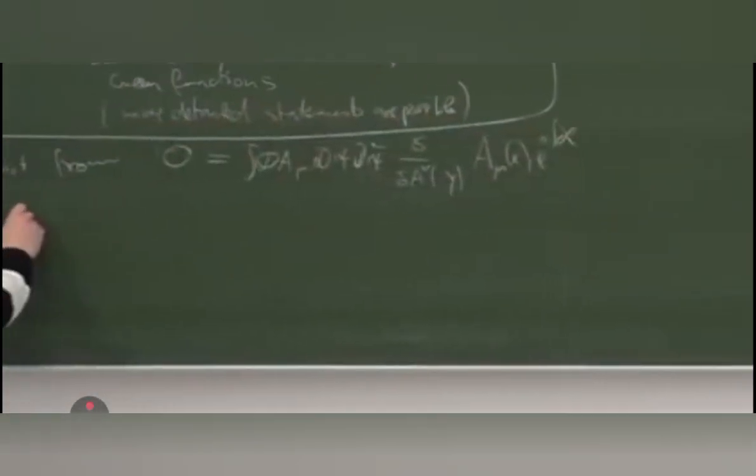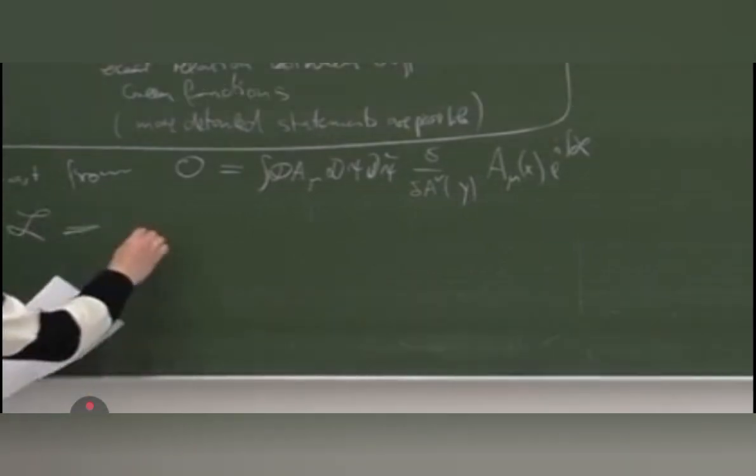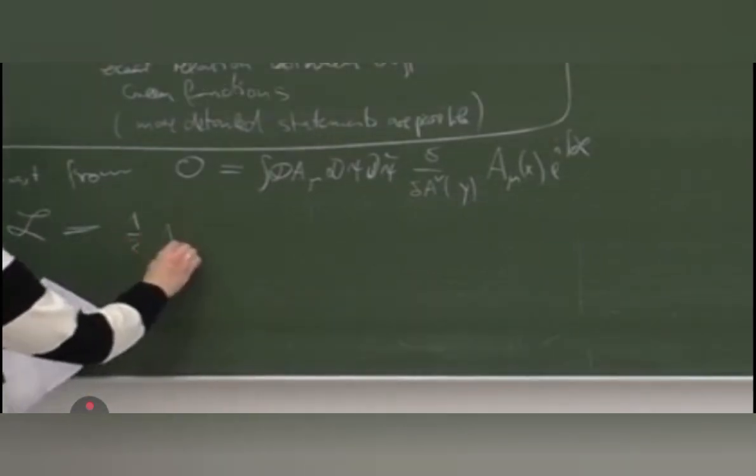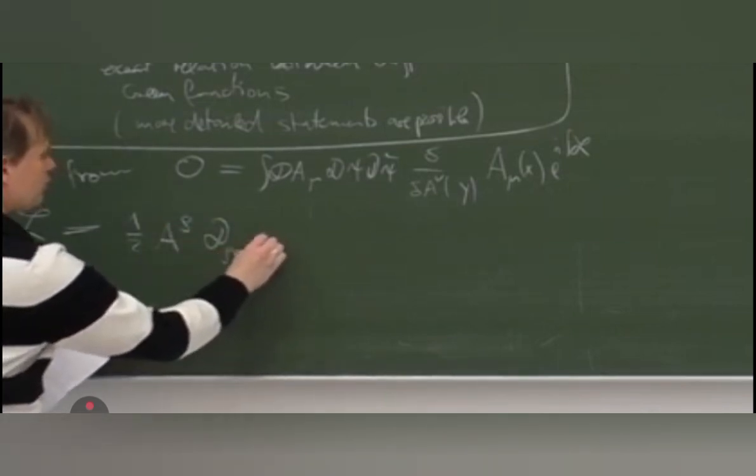Okay. Now, in order to evaluate it, let us recall that the QED Lagrangian can be written in this way, namely 1/2 times A_rho, then a differential operator D^{rho sigma} A_sigma.